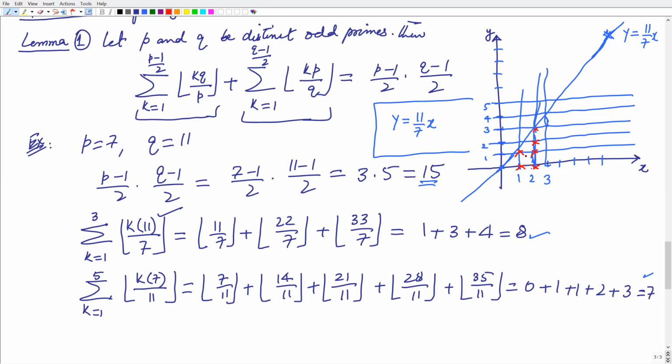Then, why are we not counting 0? Because we start from here, so 0 is not included.